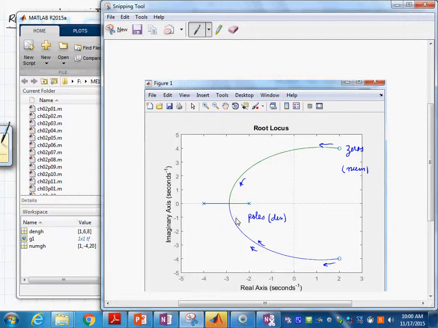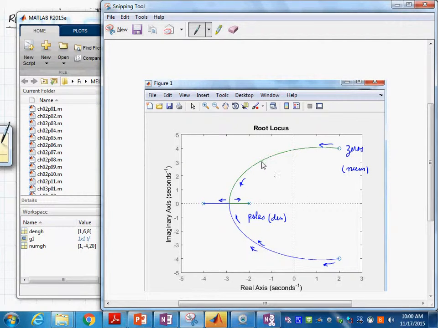And then the plot will go this way and this way. But I believe it is important to use some of the MATLAB tools to be able to understand this a little better.